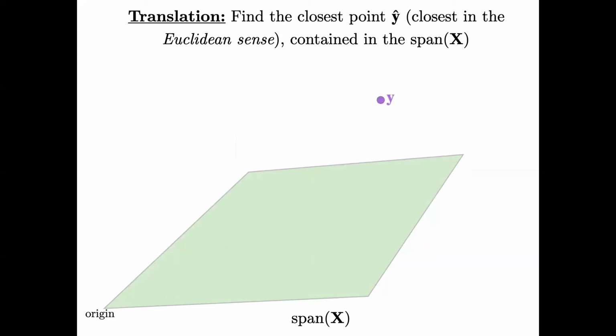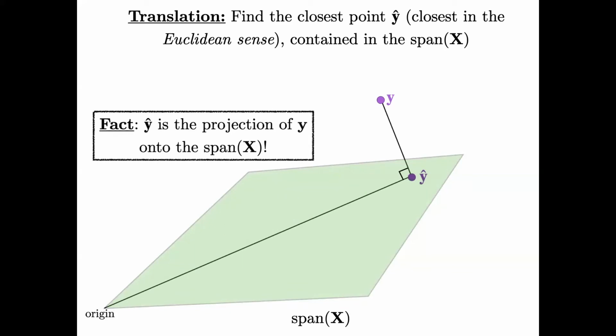And now I have y. Sadly, the point y, that response variable, is not contained in the span of X because I don't have an exact solution. Well, if y hat is the closest point to y that's contained in the span of X, well, it's got to be the projection, the orthogonal projection of y onto the span of X. And it is.